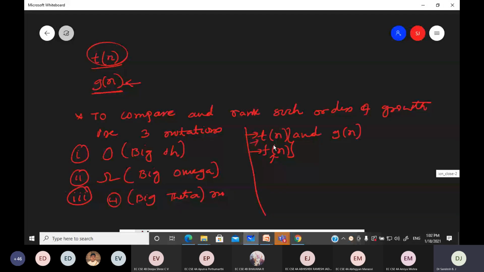And we have one more set of functions called g of n. These are non-negative functions defined on the set of natural numbers.